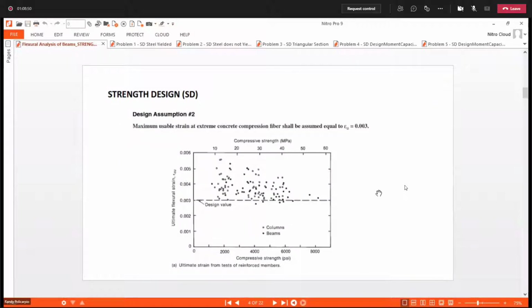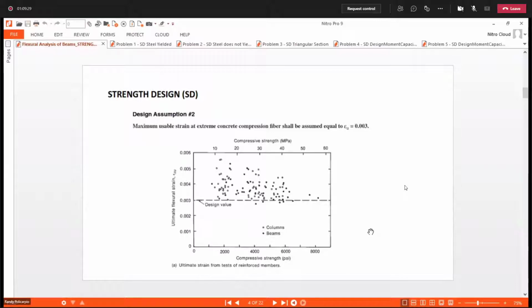Okay, so for the usable strain in concrete, the code permits us to use 0.003. This is the maximum usable strain. Why do they use this? Look here: based on tests, the lowest strain for concrete is actually at 0.003. So look at this diagram, for column and for beam.